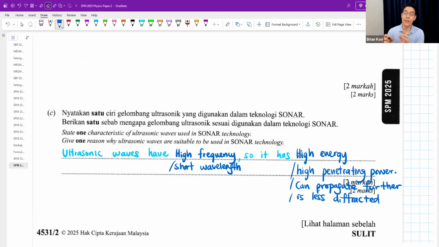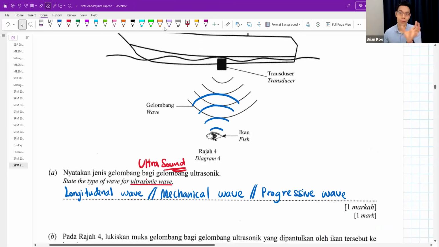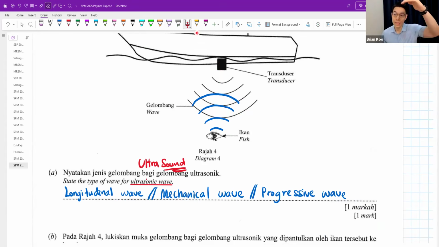Why is less diffracted a good thing for reflection? By the way, diffraction means spreading of the wave. Now imagine if the wave spreads a lot, diffracts a lot. It becomes too weak and it cannot go back to the transducer. You want a wave that is very strong, can propagate, can penetrate very far, and then come back also very strong.